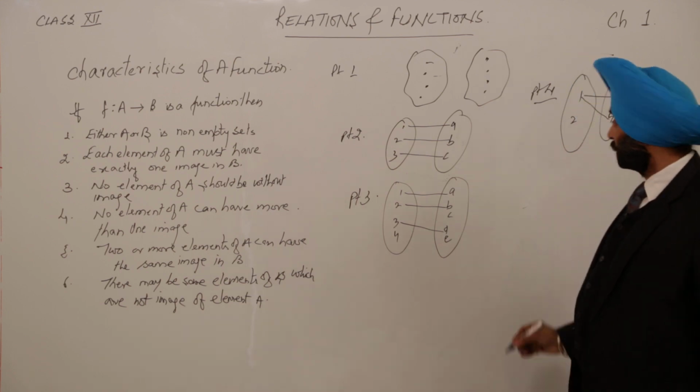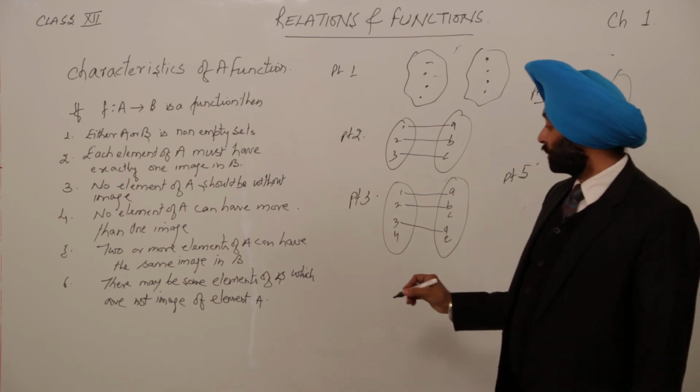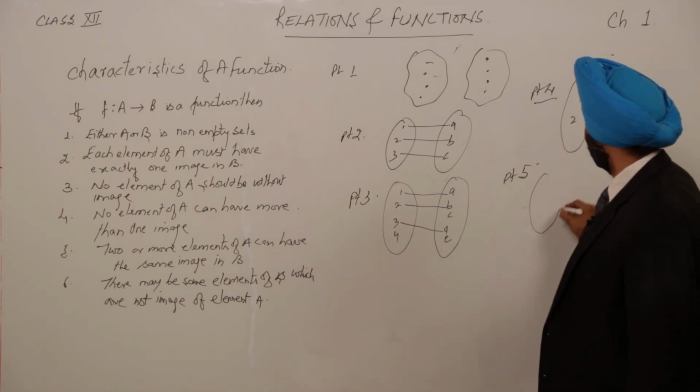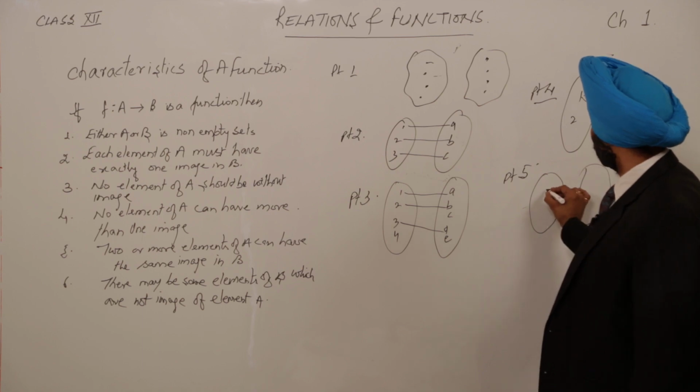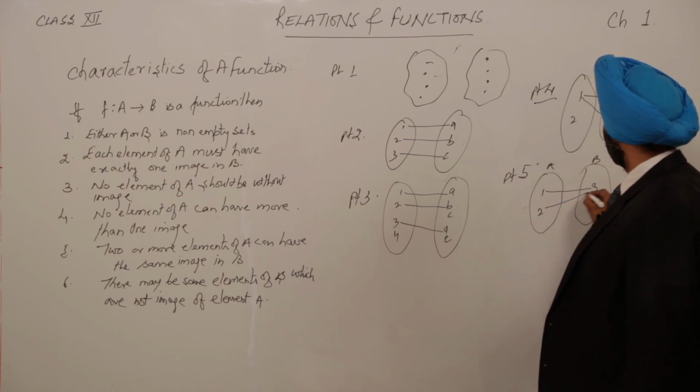Like this one. Point 5. Point 5 is 2 or more elements of A can have the same image. 2 or more elements of A have the same image. 1, 2, here it is 3, like this one.